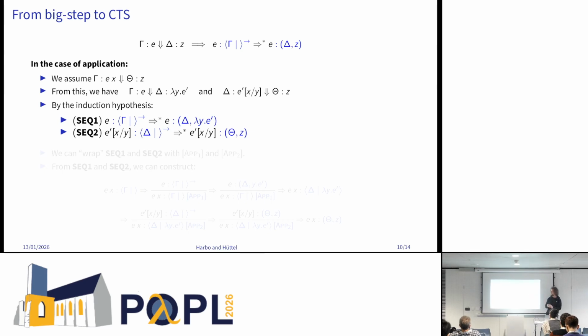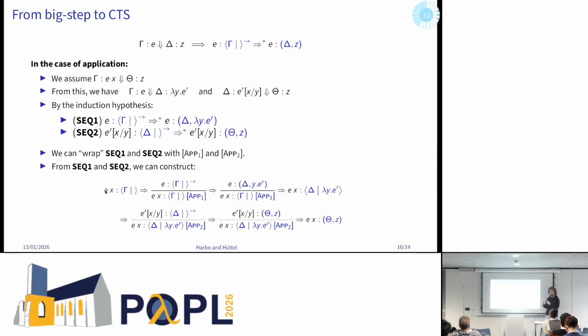So far, so good. Next, we can use the compositionality of computation trees to essentially wrap these two sequences, sec1 and sec2, in the application of the clauses app1 and app2 from the CTS rule for application. We can do this because we have proof that E terminates and E prime terminates, and they must still terminate even if they are a subcomputation of some bigger computation.